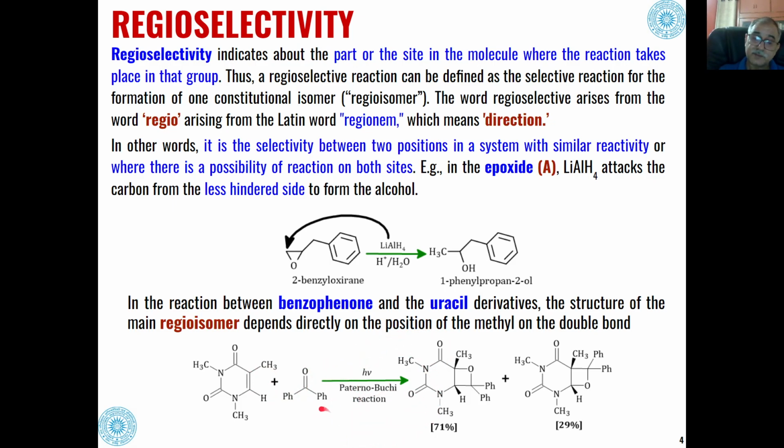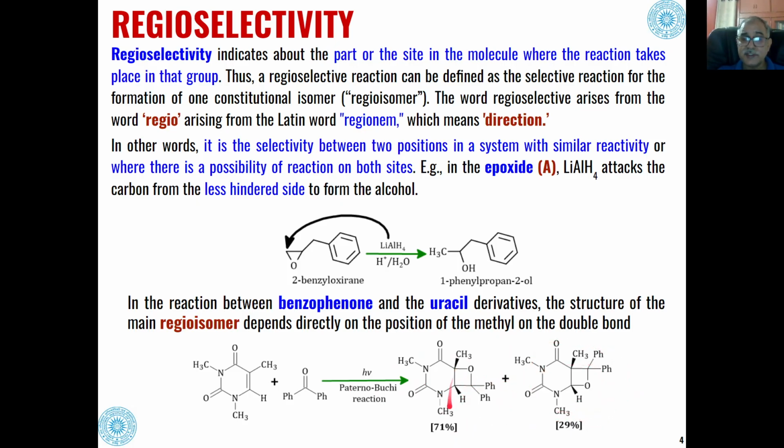Now, the addition of this carbonyl to this alkene can take place in two ways. Either this oxygen can join this carbon, or this oxygen can join this carbon and this carbon will join this carbon. So there is a possibility of formation of two regioisomers.